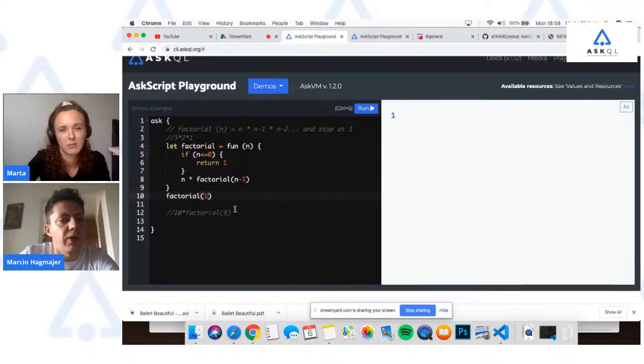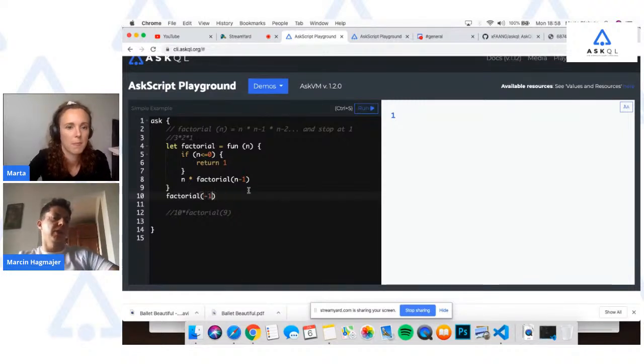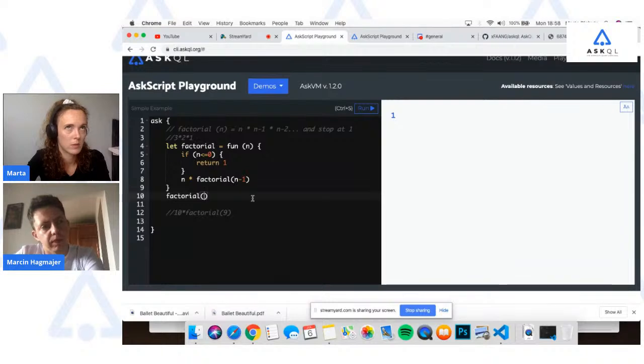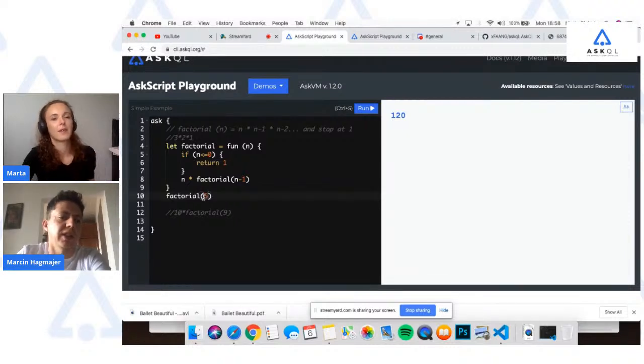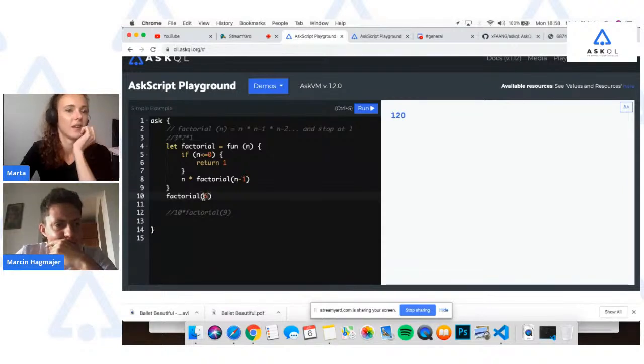So how about factorial of 5? What do you think should be the factorial of 5? Well, 5 times 4 times 3 times 2, 120. And that's it. Why does it work here? That's the question. I actually thought it would get looped as well, but it doesn't.